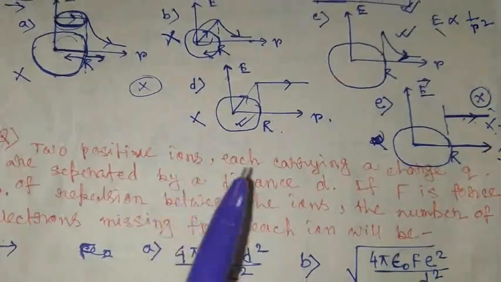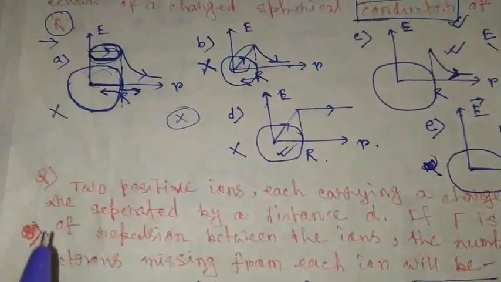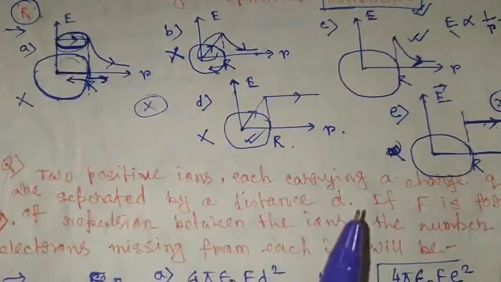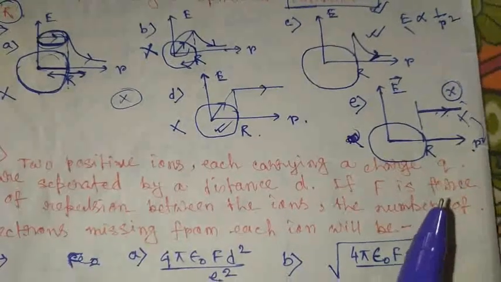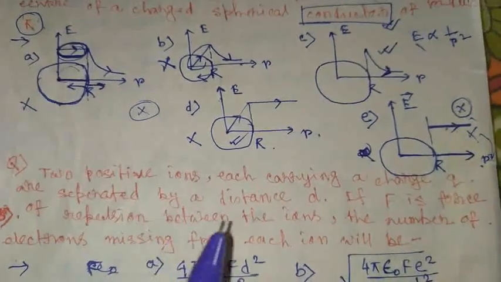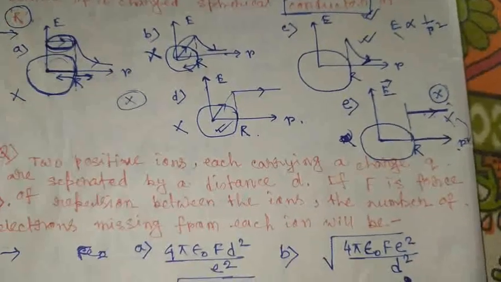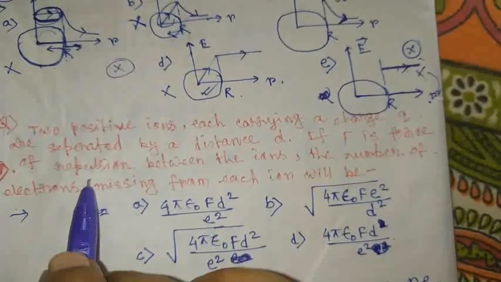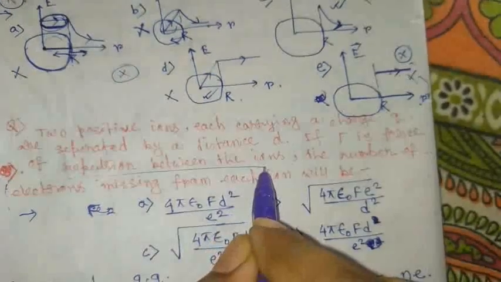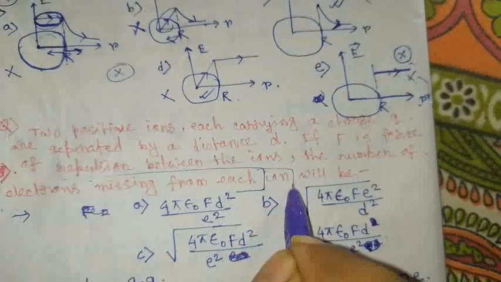Two positive ions, each carrying a charge of plus q, are separated by a distance d. If F is the force of repulsion between the ions, the number of electrons missing from each ion will be? So why the number of electrons missing from each ion?